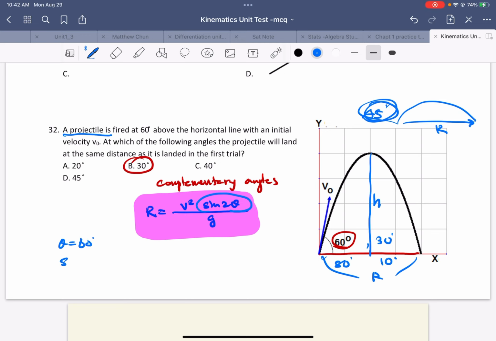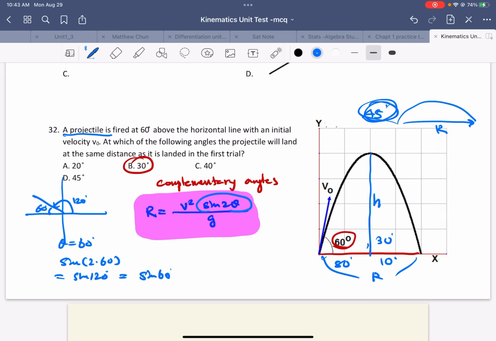Then sine 2 times 60 is sine 120. If you remember trigonometry, sine 120 is located here. Using the reference angle right here, 180 minus 120 is 60 degrees. So that's basically the same as sine 60.